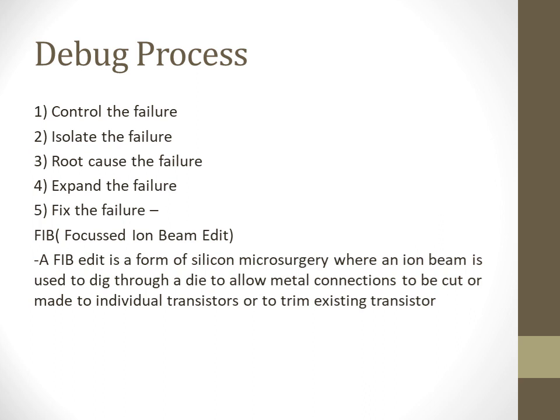A FIB edit can be tremendously useful in correcting a functional or electrical bug and allowing it to be validated prior to fixing it. For example, a functional bug can often be corrected by rewiring the signals and using some spare gates inside the ICs, which are scattered throughout the design for enabling such FIB edits. So, this is the overall debugging process.